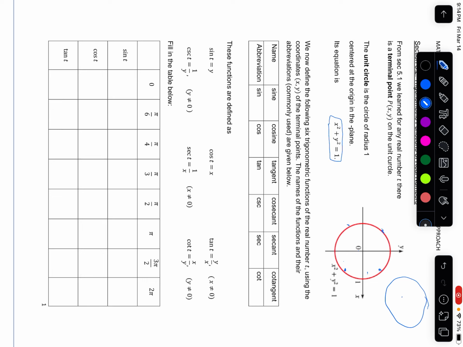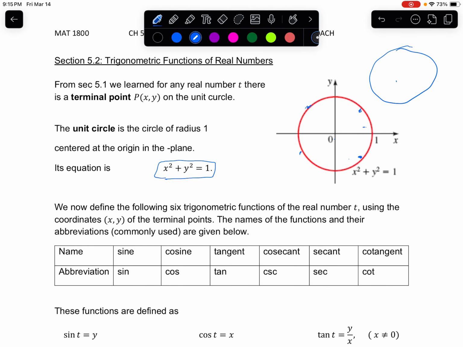Okay. First we define the trig functions. There are 6 of them; their names are given here in the first row and their abbreviations in the second row. The abbreviations are the ones we use to write the functions, but when we say them, we call them by their name.